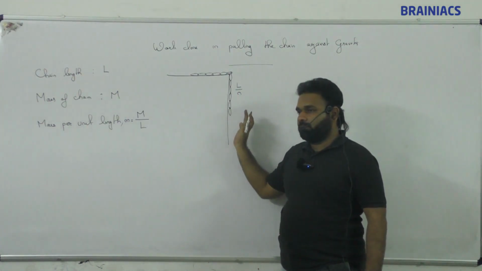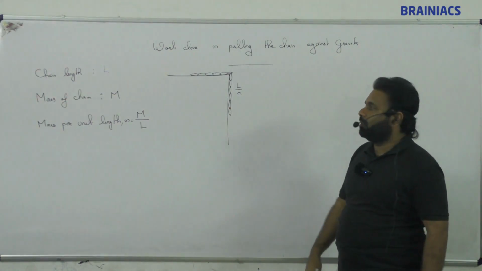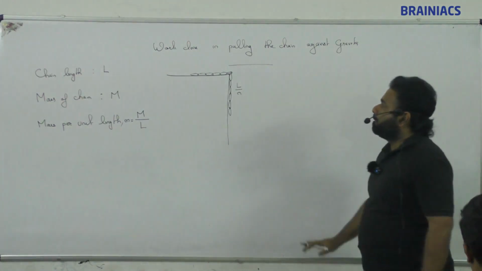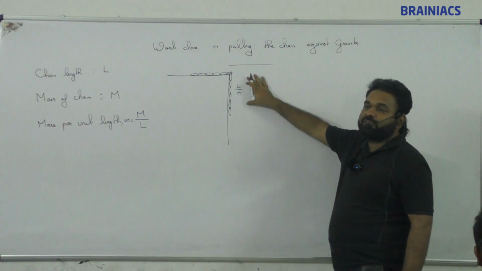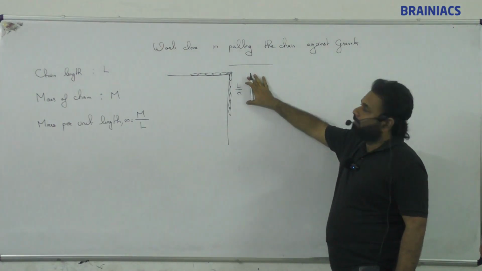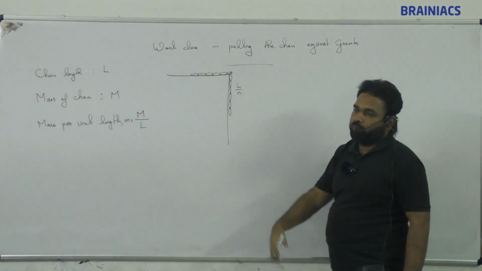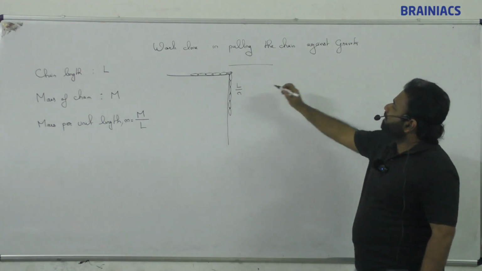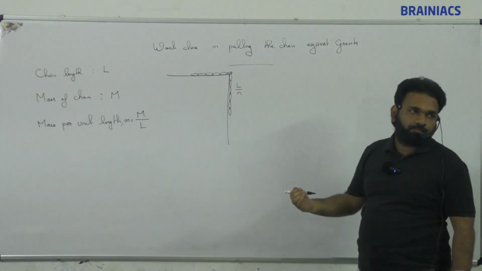Clear or what? So this is the situation. Now what we are going to do is find how much work is done in pulling this chain against gravity, if we want to take it onto the table, or how much work is done if we want to bring the chain down.